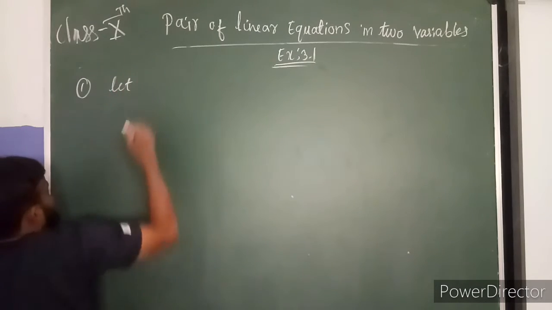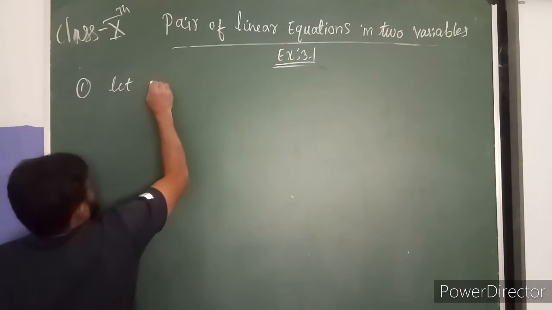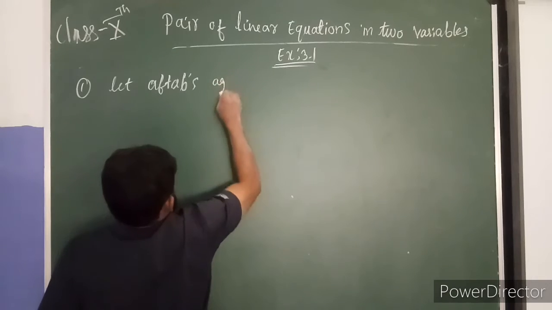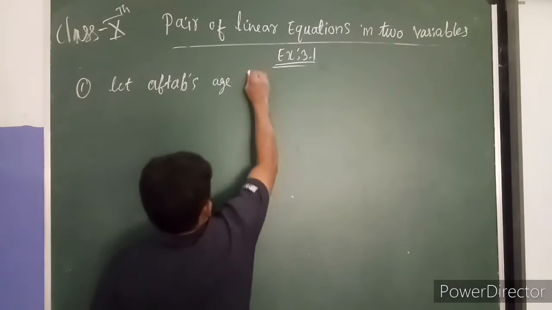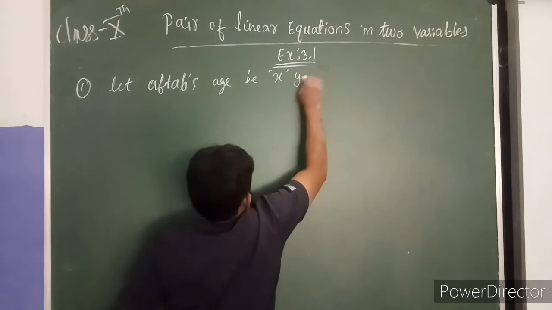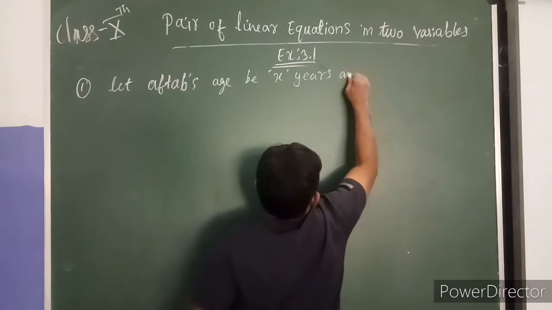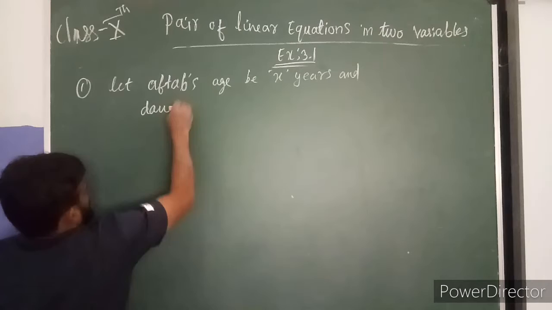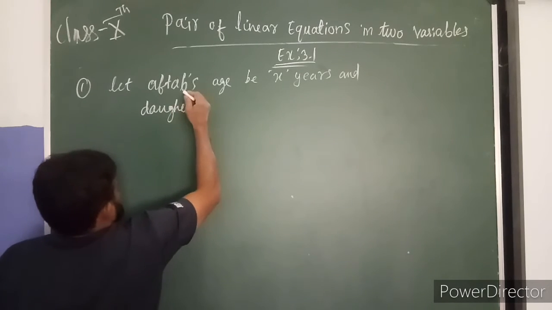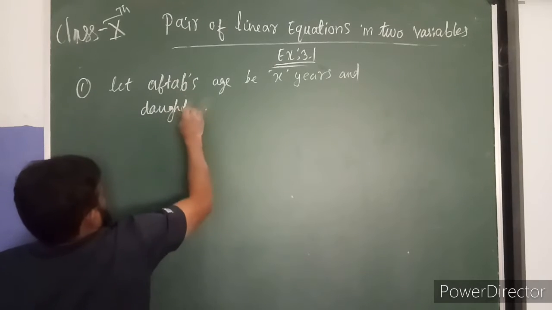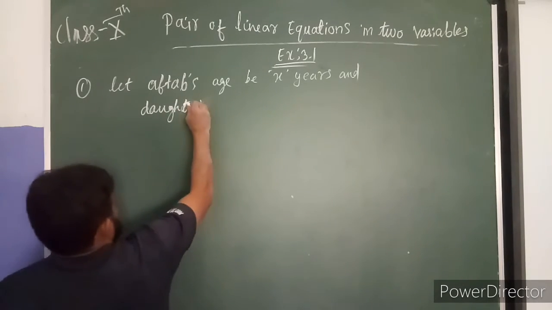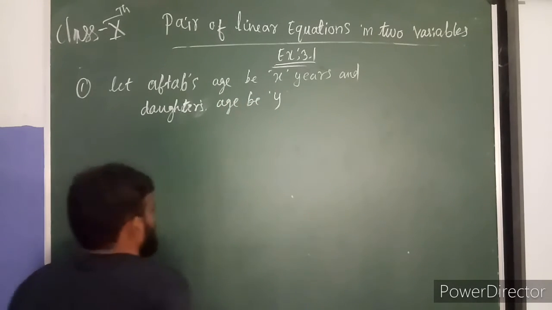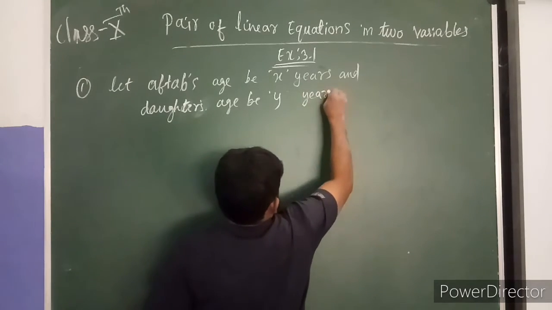Let Aftab's age be x years, and the daughter's age be y years.